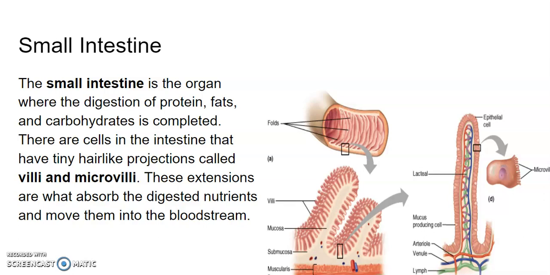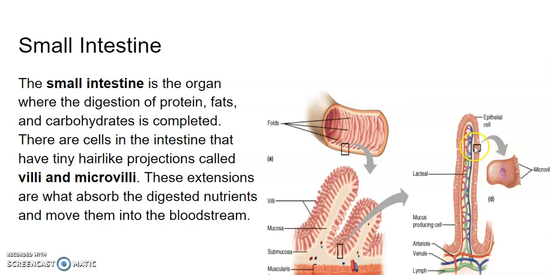All right. And so there are cells in your intestine that look almost like hair. They're called hair-like projections, and their actual name is villi. And if you were to focus in on these villi here, on each one of these cells that exist on the villi, you would have a microvilli.